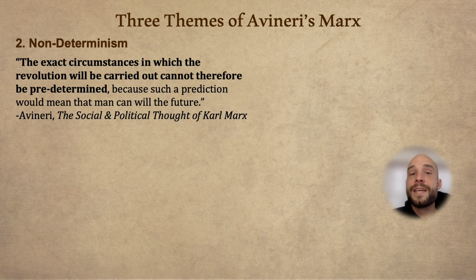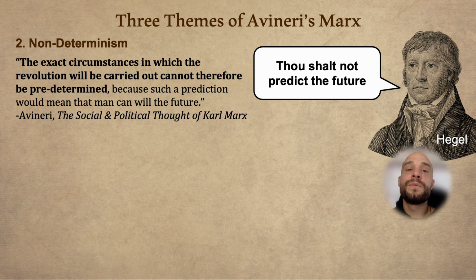So the second theme of non-determinism follows from the first about a plurality of paths to a worker state being possible. Avineri writes, the exact circumstances in which the revolution will be carried out cannot therefore be predetermined because such a prediction would mean that man can will the future. So here, Avineri is really showing his affinity for Hegelian philosophy.